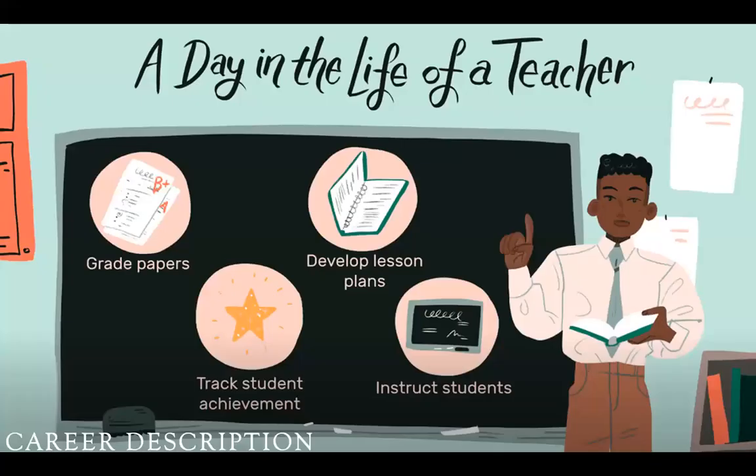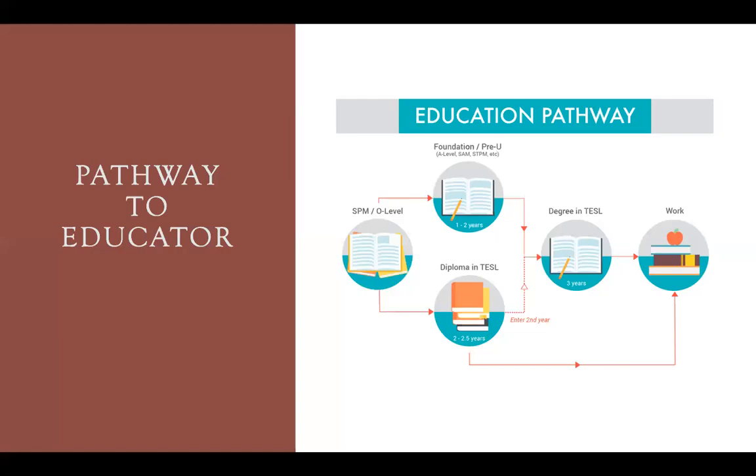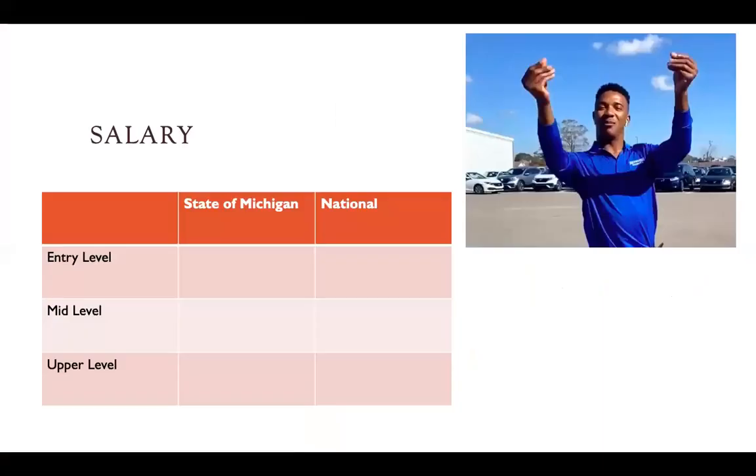So that is part of one of the categories that's in the outline that you are supposed to look up. And so pathway to, for me, an educator. So it shows you this is not necessarily for all teachers, but this is a pathway for some teachers in different regions of the country. And again, this is just an example. All right.